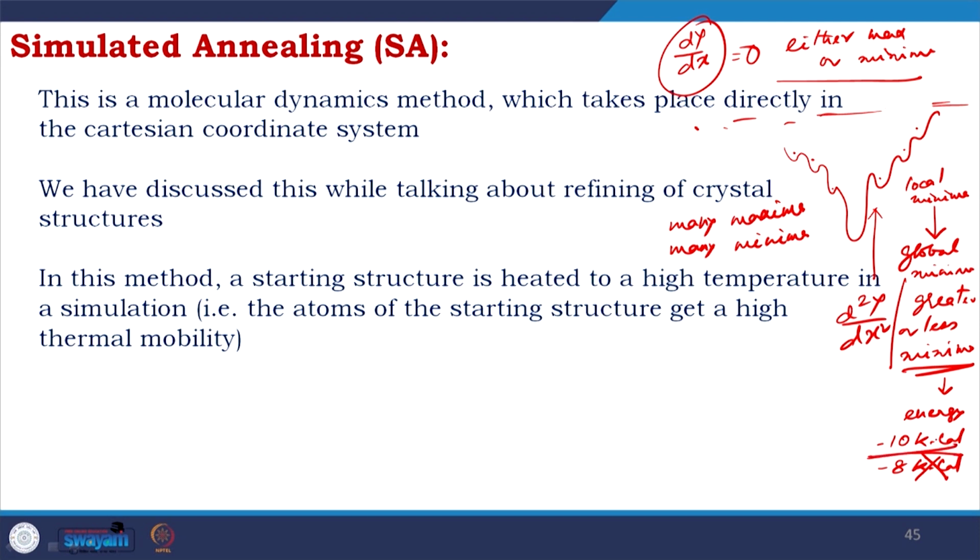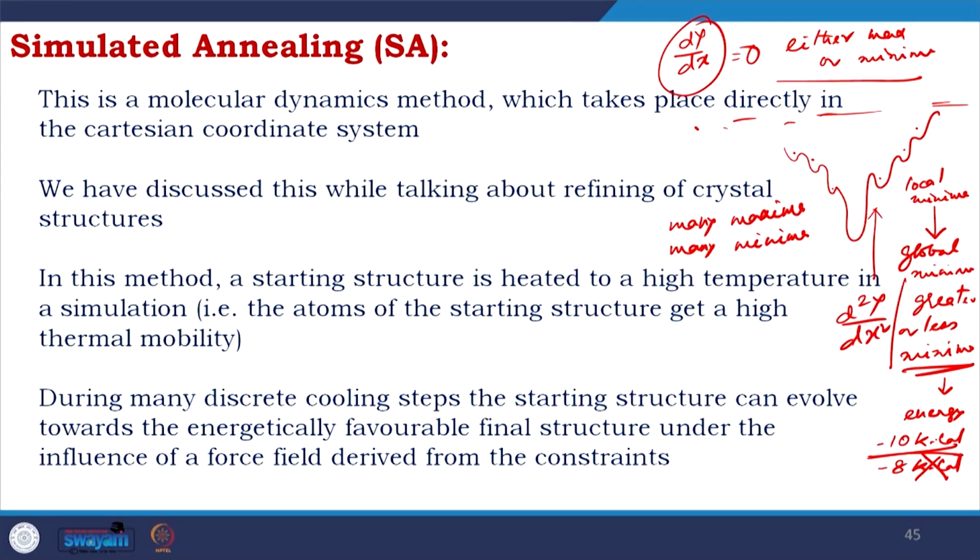Now, the whole process, if you iterate, so perfect development of a computer program in a loop, you keep working and check the energy, you will probably find the global minima. During many discrete cooling steps, the starting structure can evolve towards the energetically favorable final structure under the influence of a force field derived from the constraints.